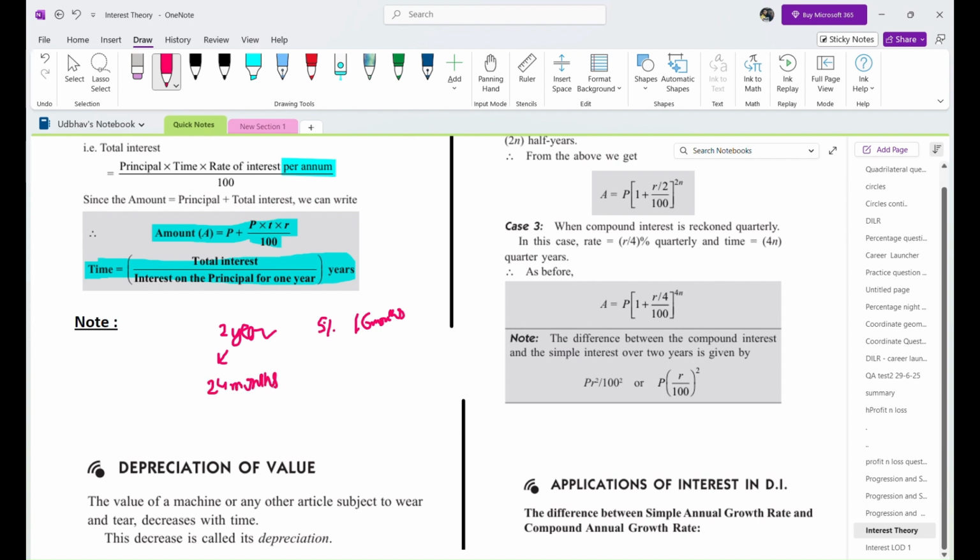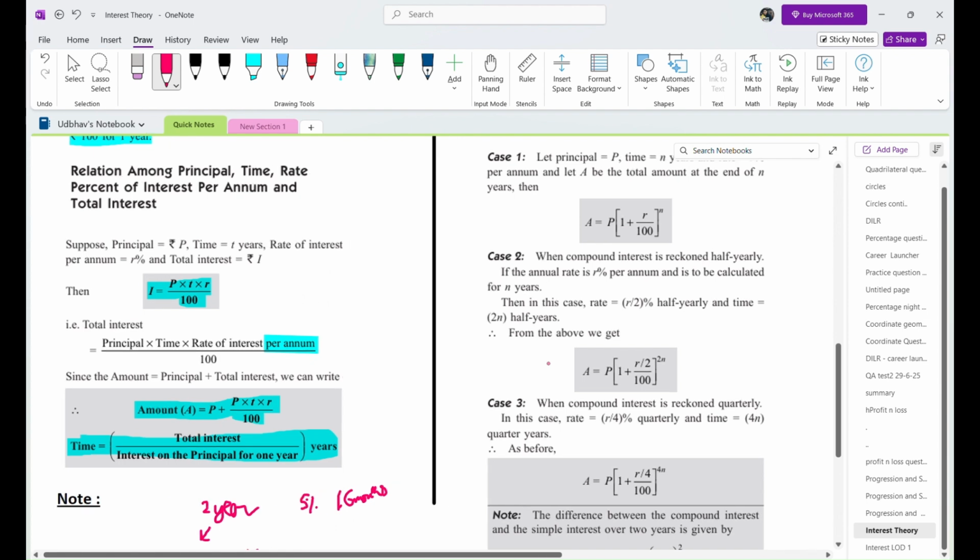So in 24 months, how many times will we be calculating the interest? 24 upon 6, that will be 4: for the first 6 months, for next 6 months, for next 6 months, for next 6 months. So this will be the 4 times we'll be calculating the interest. So we'll be putting t equals 4 rather than t equals 2. You'll get it more clearly when we solve the questions.